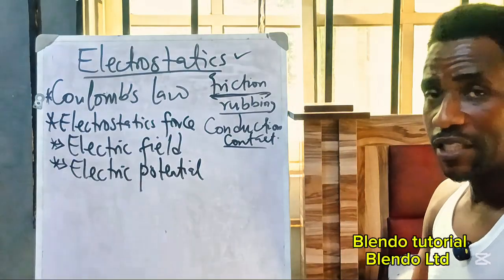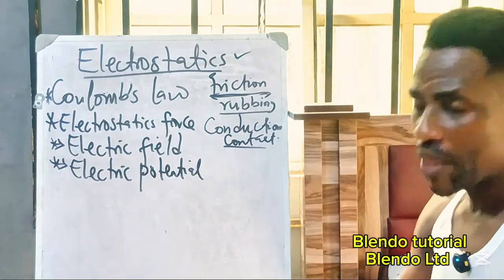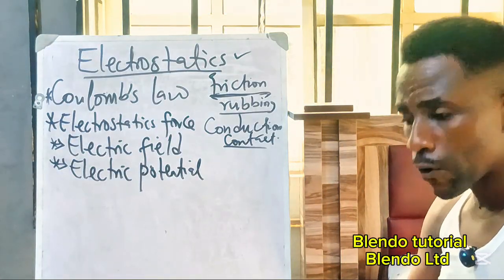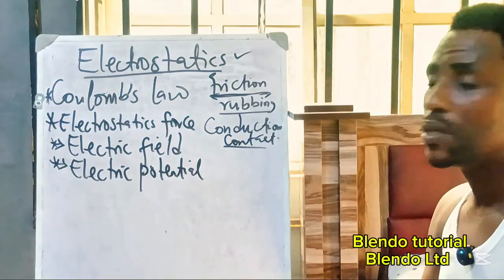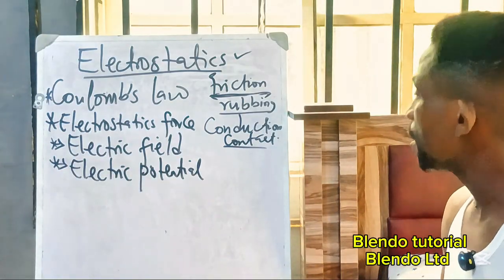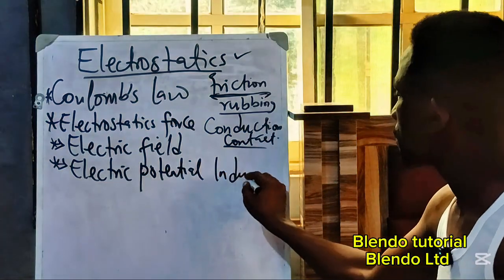Now we have known how a charge is formed, so we need to know the methods of forming these charges. Methods of forming charges: one is friction, two is charging by conduction, three is charging by induction.